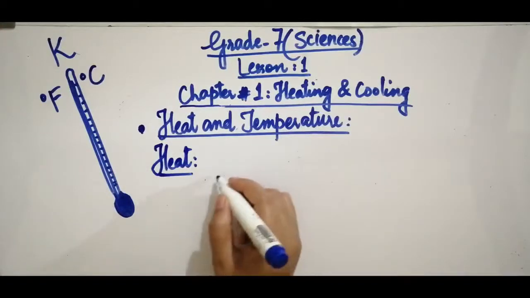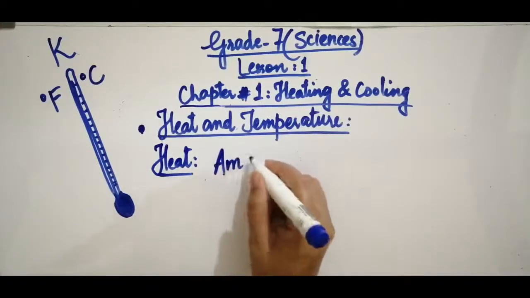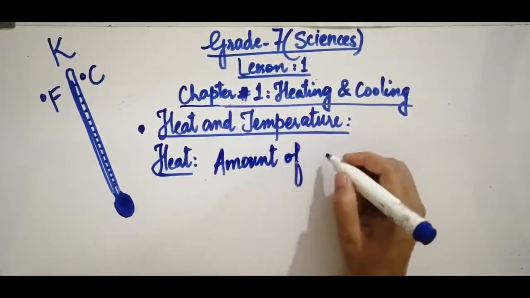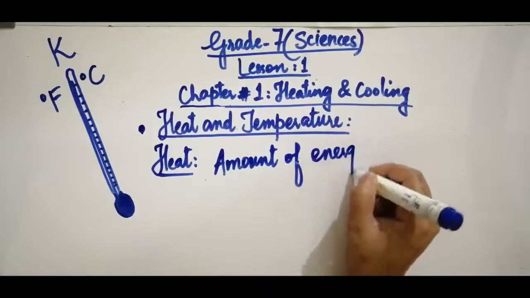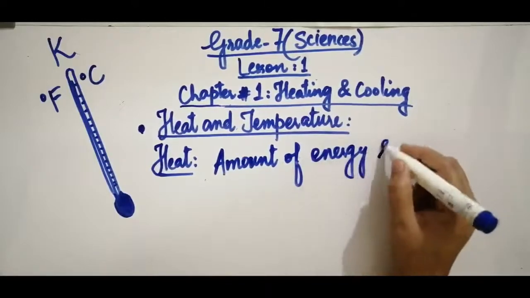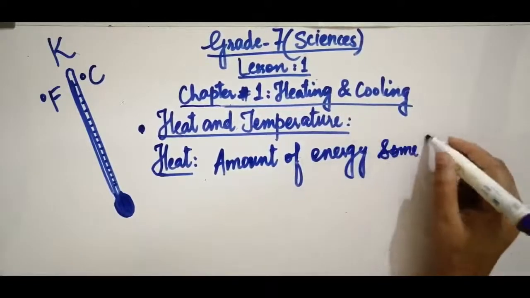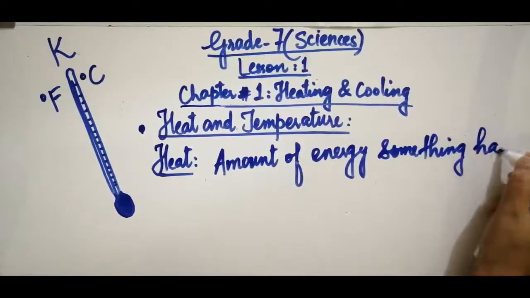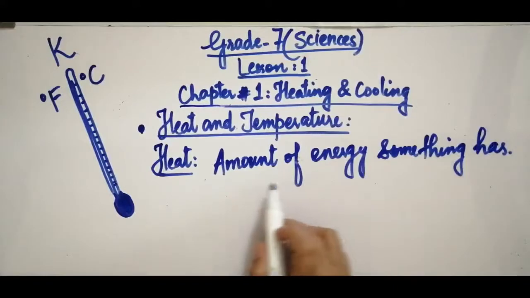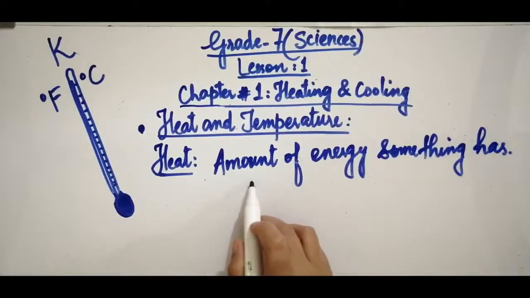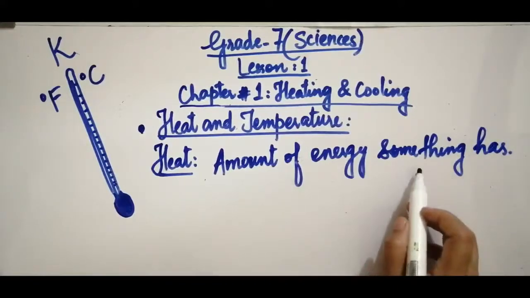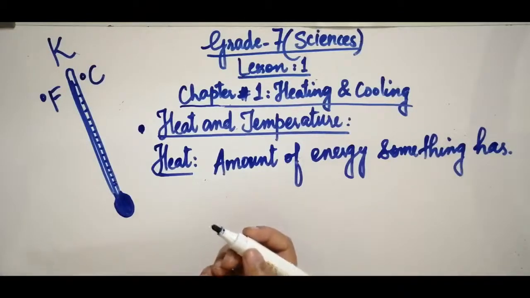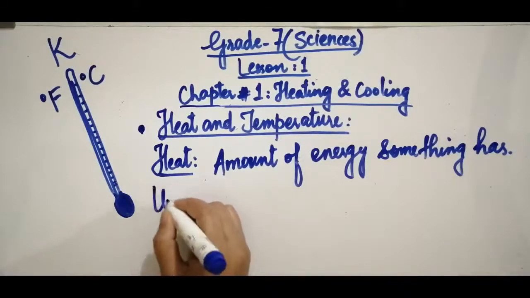Heat is the amount of energy some object has, or something has. It is the amount of energy something has. It is actually represented in the form of some units.